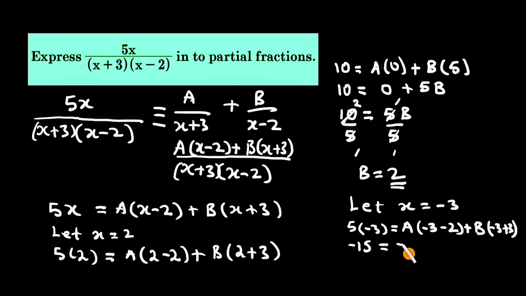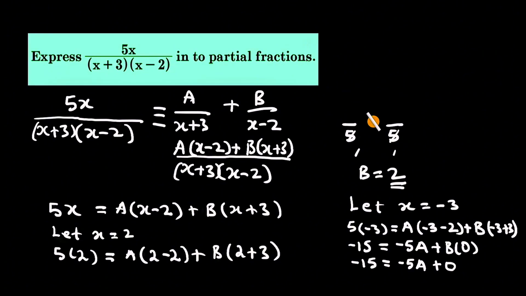So I'll have negative 5 times A, which is negative 5A, and then negative 3 plus 3 is 0. That is plus B into 0. B times 0 is 0. That means negative 15 is equal to negative 5A plus 0. You know, negative 15 is equal to negative 5A, since negative 5A plus 0 is negative 5A.